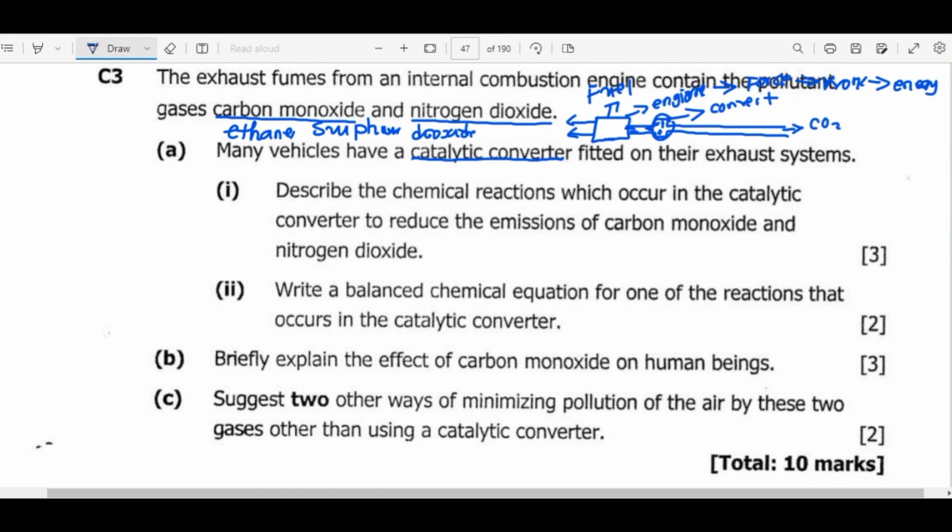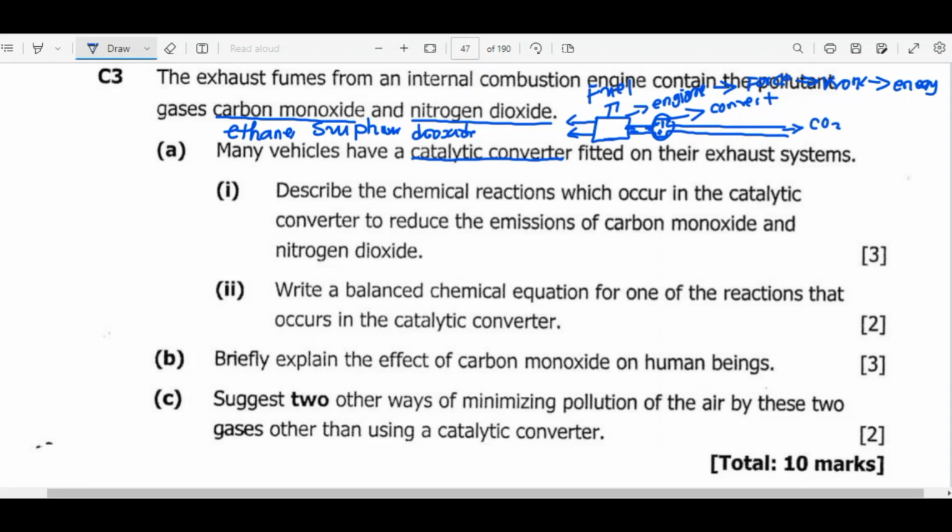Then for nitrogen dioxide, this one will be reduced to nitrogen as an elemental gas, with carbon dioxide as a waste. So to summarize the point, we are looking at the reduction and oxidation reactions. These are the reactions that occur in catalytic converters to help change the harmful gases into less harmful gases.